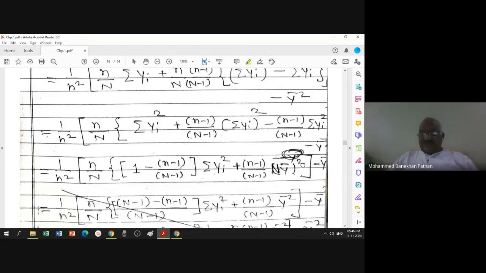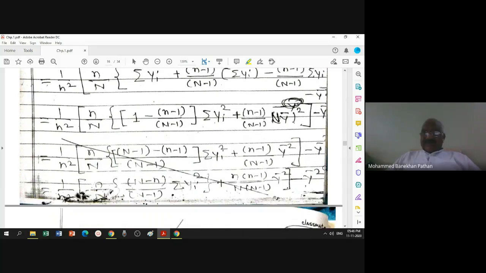the simplification. Sum of y_i square and here sum of y_i square. If I take a common factor, it will be 1 minus this quantity plus this as it is. Sum of y_i is n times y bar, whole square, minus y bar square. Sum of y_i square, this 1 upon N square there.